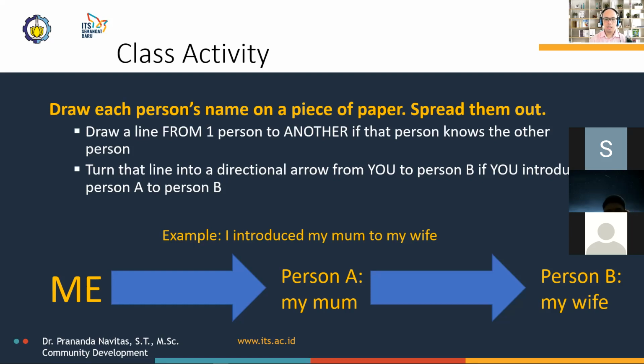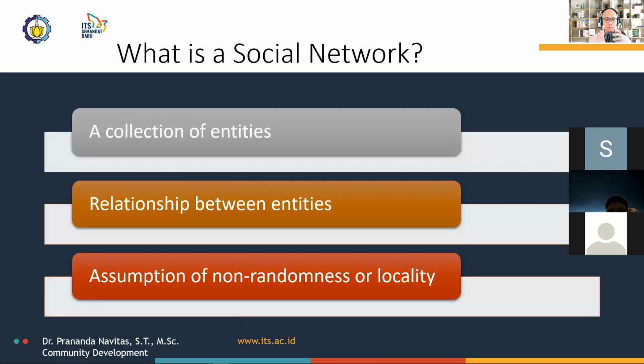So, what exactly is a social network? Now, it's easy to think nowadays of a social network as something like Facebook, Twitter, Instagram, or any similar websites or applications that call themselves social media, and it is indeed a social network.